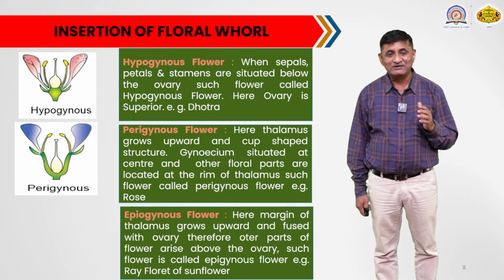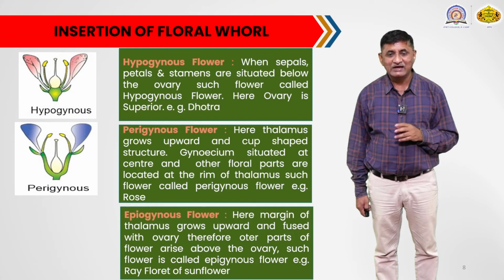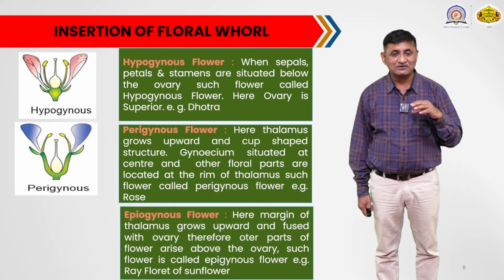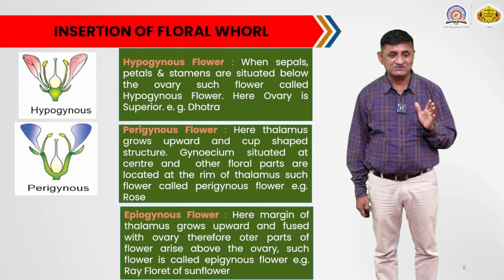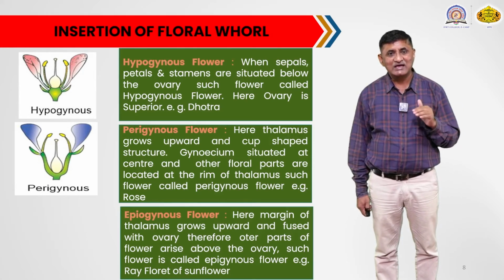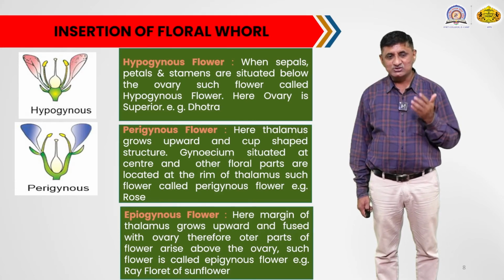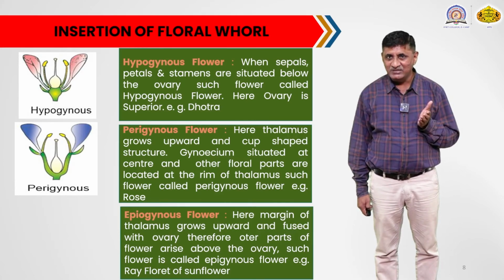So, here the thalamus grows upward and a cup-shaped structure is developed, with the gynoecium situated at the center and the other floral parts located at the rim of the thalamus. Such a flower is half superior and half inferior, meaning the gynoecium is not completely inferior.